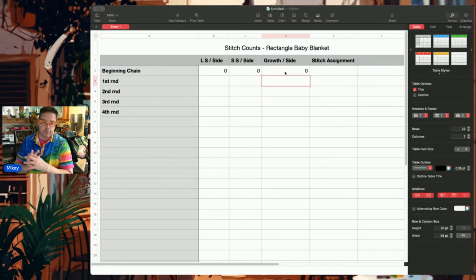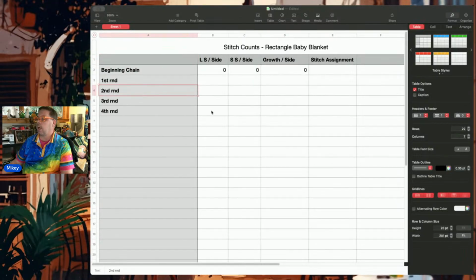Now, first round is when we're going to start all of this stuff. So the beginning chain, let's just insert a column. So we're going to insert a column. Delete column, add a column, add a header column before.